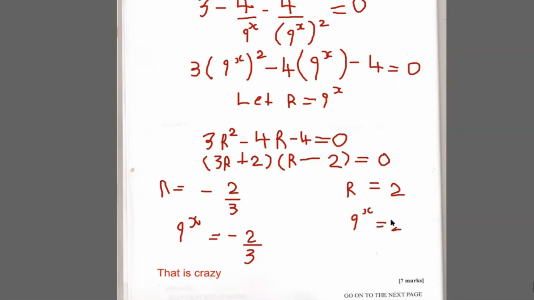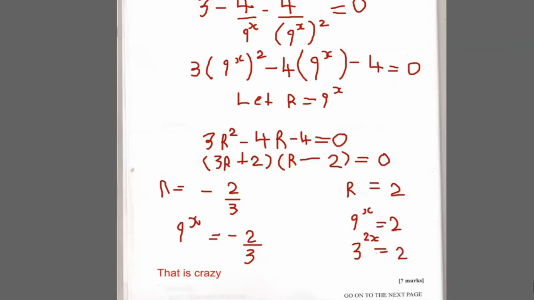Since 9 to the x is equal to 2, we can take the log of both sides. Actually, I see it a different way. I'm going to rewrite 9 to the x as 3 to the 2x. And so 3 to the 2x is equal to 2.